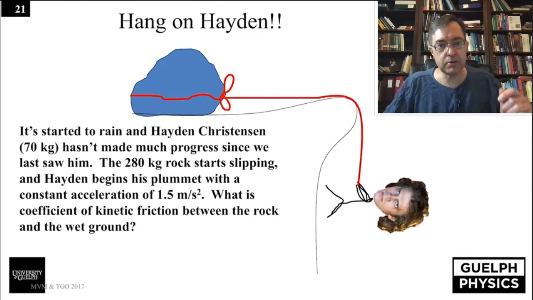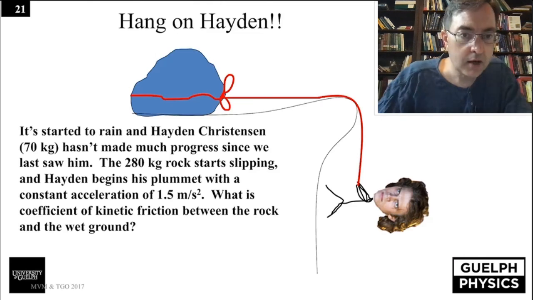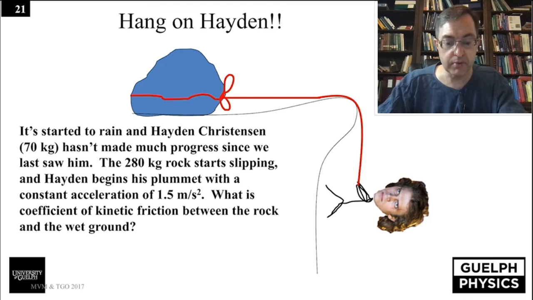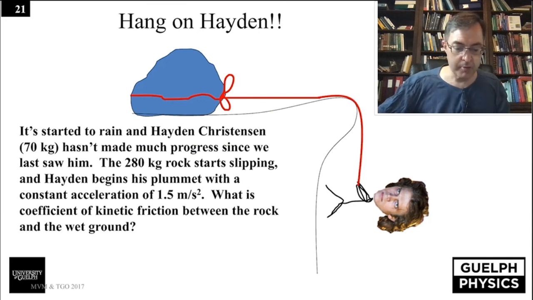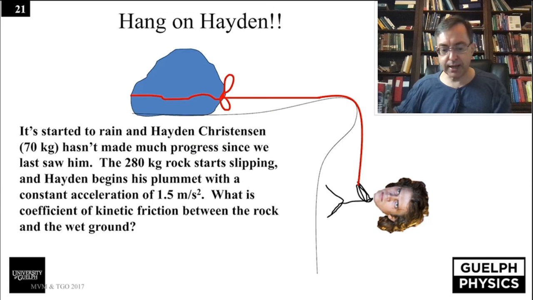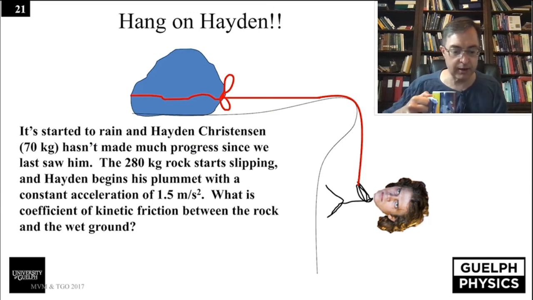So getting back to Hayden Christensen, unfortunately it's actually started to rain, and Hayden Christensen hasn't made much progress since we last saw him. And I believe this is referring to his rock climbing. And so the 280 kilogram rock that we had before starts slipping on the slippery cliff.